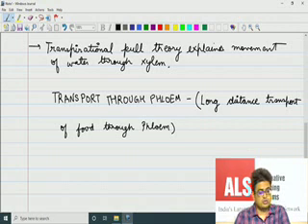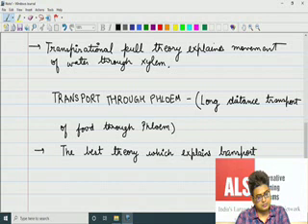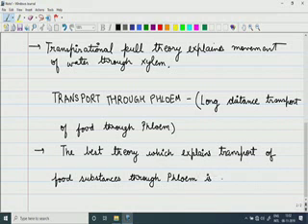Transport of food substances through phloem is explained by the best theory, which is Munch's pressure flow hypothesis.